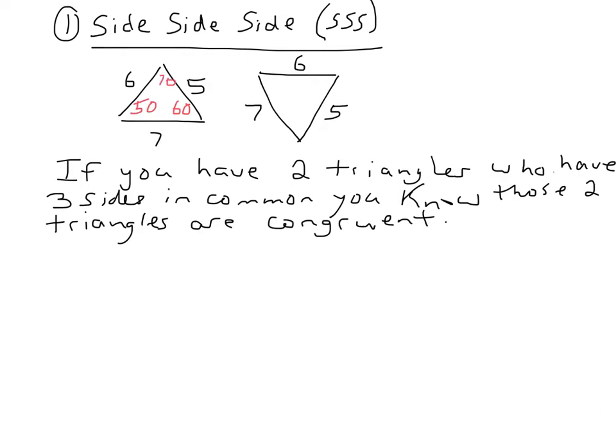Okay. If I was given those measurements, 50, 60, and 70, in this triangle, I know the angles in this triangle. You have to be careful, make sure you're talking about the same angles, but it means that the angle that's opposite the 5 is 50. It means the angle that's opposite the 7 is 70, and the angle that's opposite the 6 is 60.